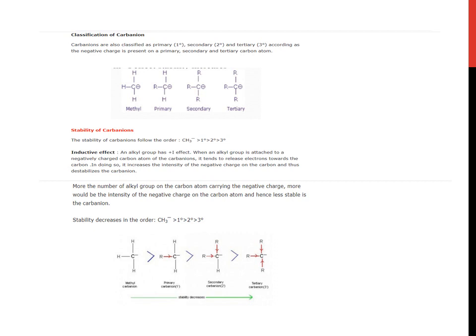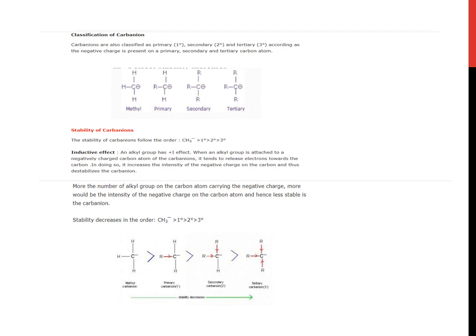Methyl means carbon contains 3 hydrogen atoms and 1 negative sign. Primary means carbon contains 1 alkyl group R, 2 hydrogens and 1 negative charge. Secondary means carbon contains 2 alkyl groups, 1 hydrogen and 1 negative charge, and tertiary contains 3 alkyl groups and 1 negative charge.